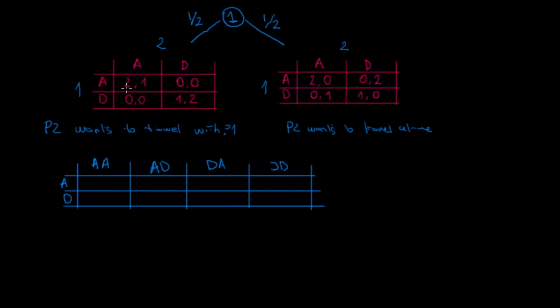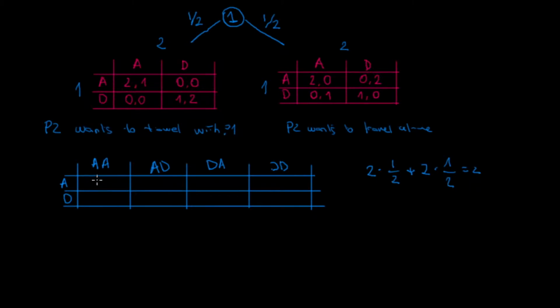The first number: with probability 1/2 he's going to be here, so 2 times 1/2, plus with probability 1/2 he's going to be here, so 2 times 1/2, and this is equal to 2.